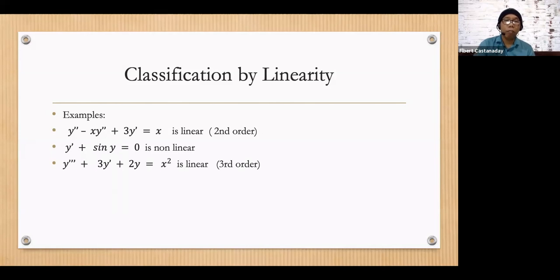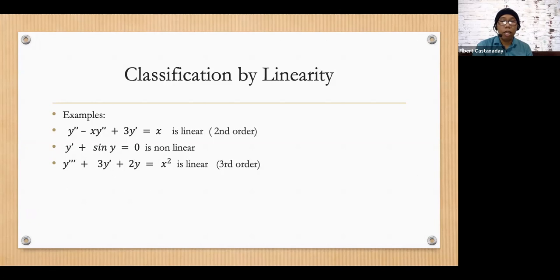Why linear? Sir, there is an x squared. Actually, x squared is not linear, but when we talk about linearity we are talking about the dependent variable y, so we focus on that. What power is involved? It should only be 1. So y is of exponent 1, y prime exponent 1, y triple prime exponent 1. That's why it is linear.